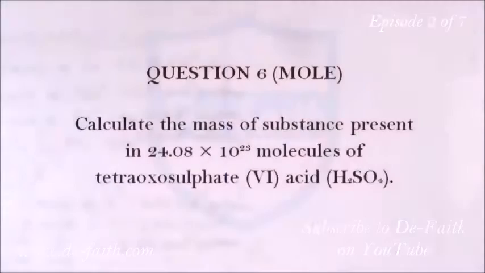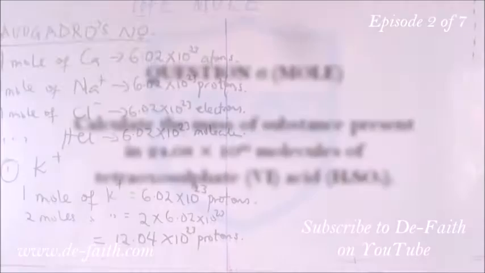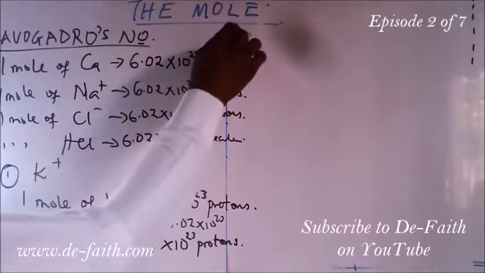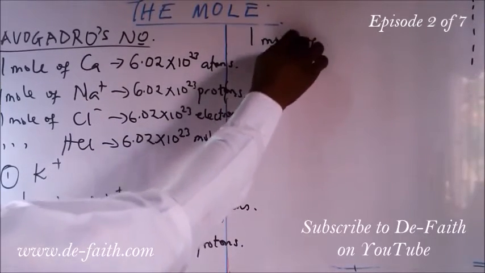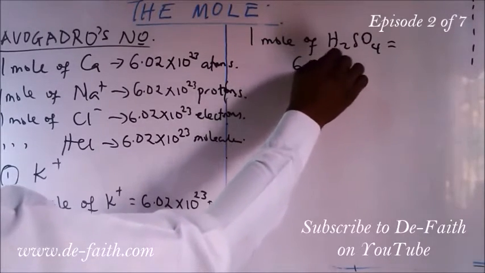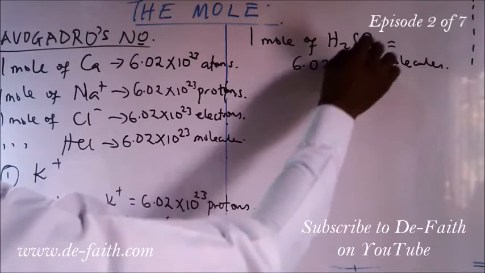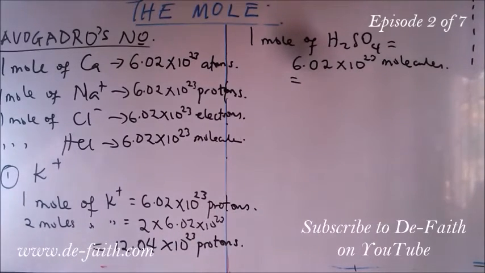Another question says calculate the mass of substance present in 24.08 times 10 to the power of 23 molecules of tetraoxosulfate(VI) acid. So in this question, we have that 1 mole of H2SO4 will contain 6.02 times 10 to the power of 23 molecules, and this is still equal to the relative molecular mass of H2SO4.